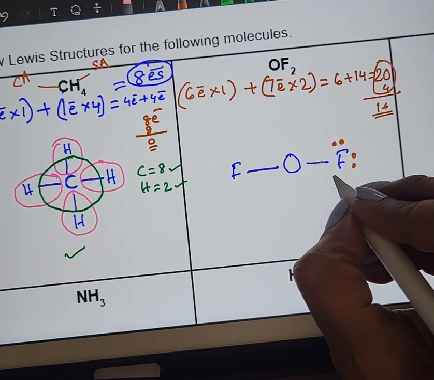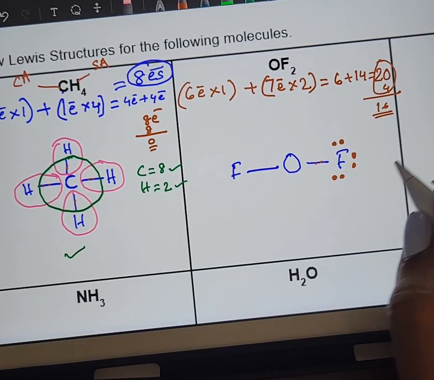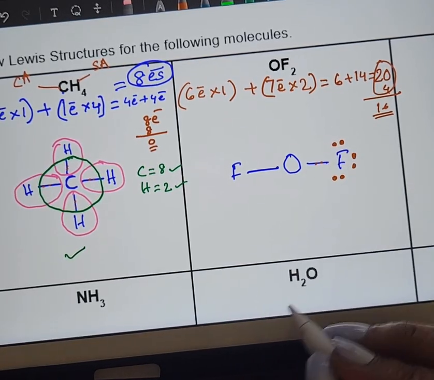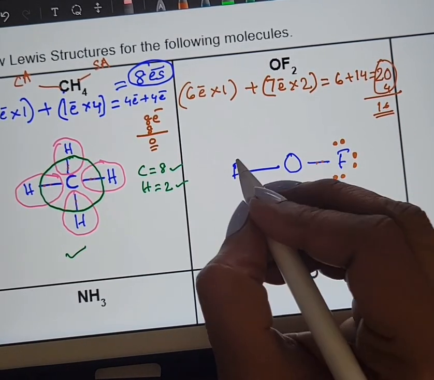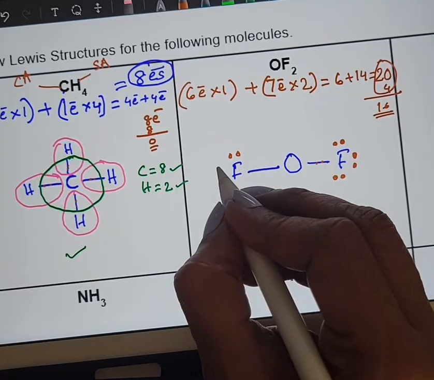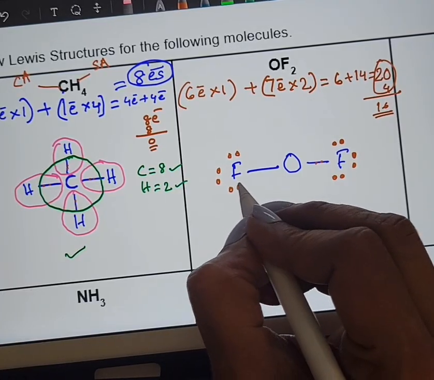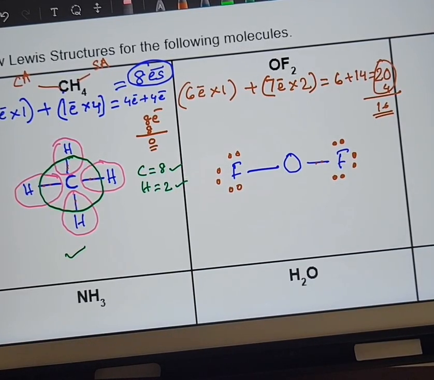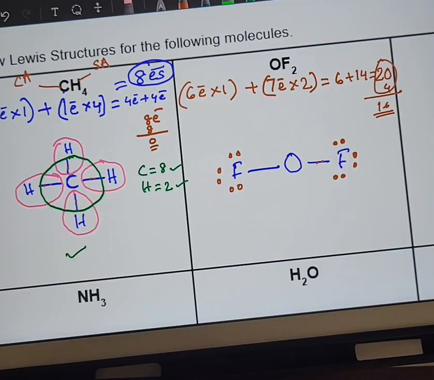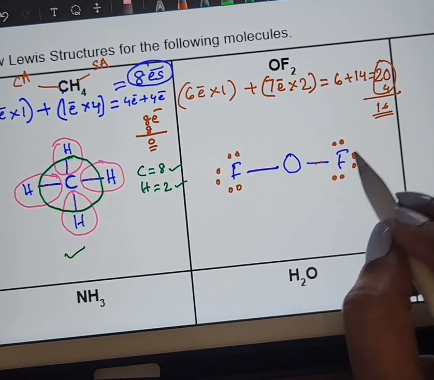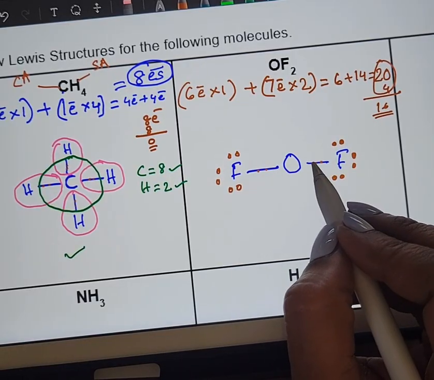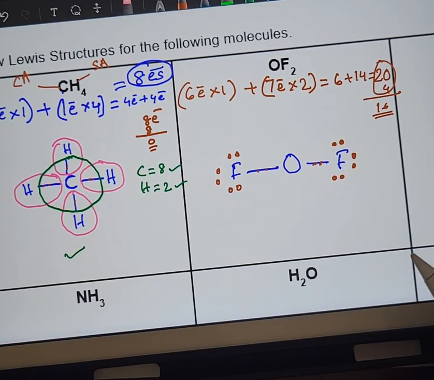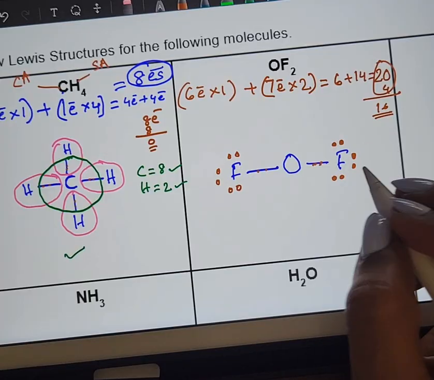So there are 3 lone pairs. So that fluorine is happy. I used 6 from there, so I have 10 more. I'm going to do 6 again here. So that is also happy. Now we used 6 plus 6 is 12, plus 2 is 14, plus 2 is 16. How many remaining? We have 2 more remaining.